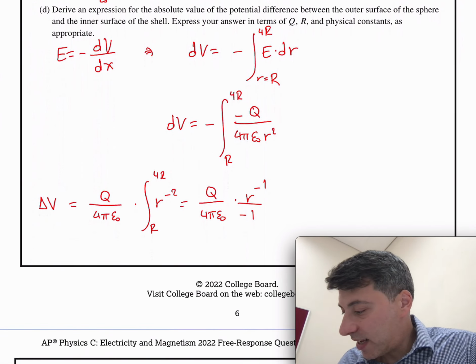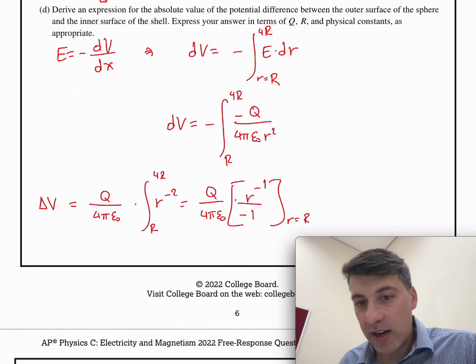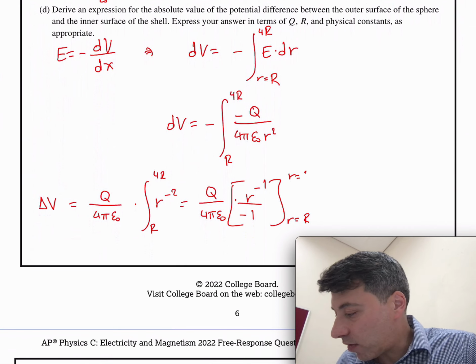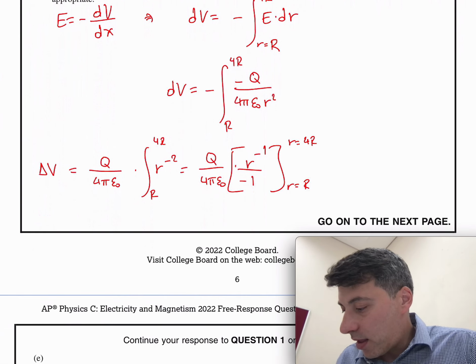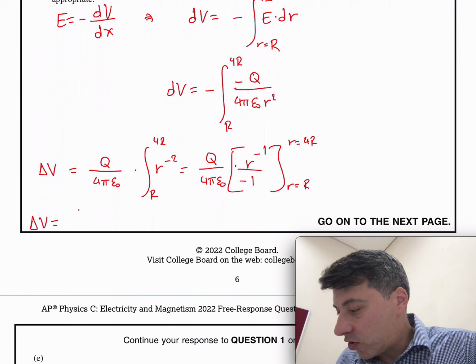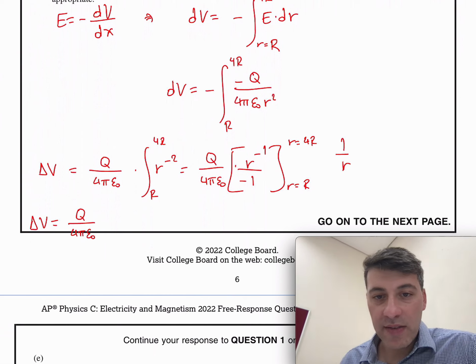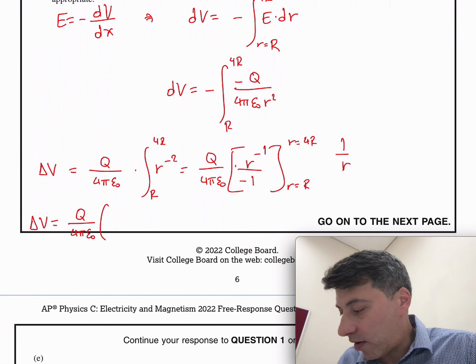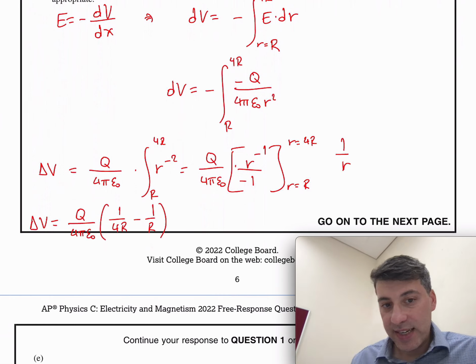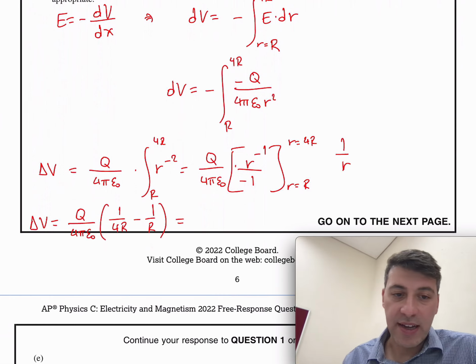And we need to replace the value of r with capital R and 4 capital R. This means that delta V equals q over 4 pi epsilon naught. We said that this is 1 over r, but the values that we'll get are 1 over 4R minus 1 over R. This has a negative value, negative 3 over 4R.